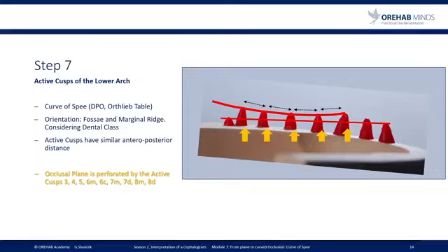Occlusal plane is perforated by the active cusps, or you can also say active cusps are not elements of the occlusal plane, and active cusps are arranged in a sagittal way in the region of the molars and premolars. Curve of Spee starts with the canine. Front teeth are not part of curve of Spee.